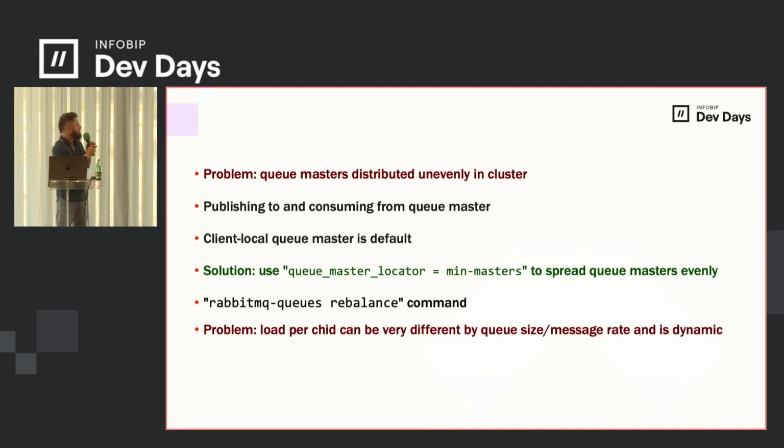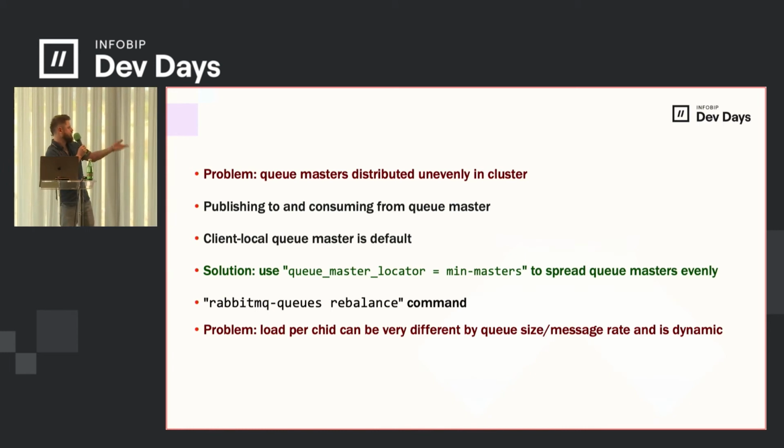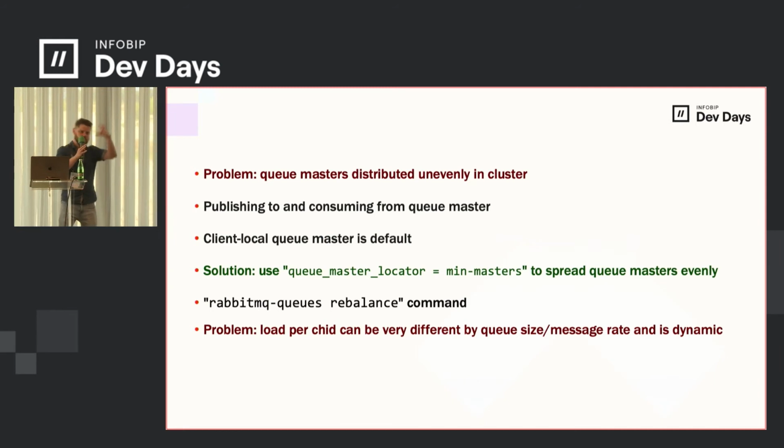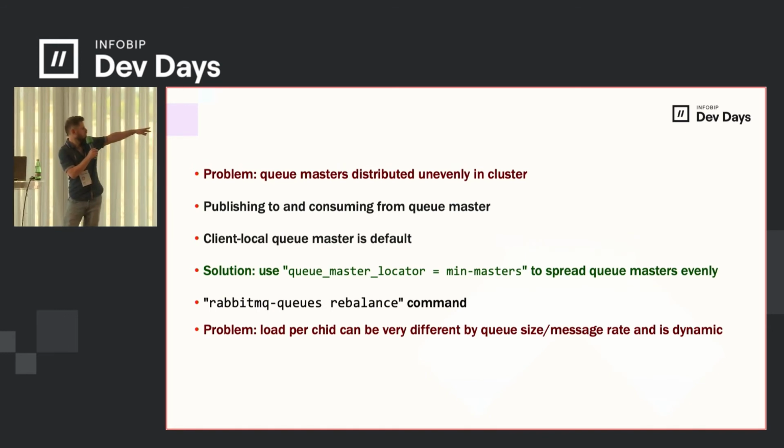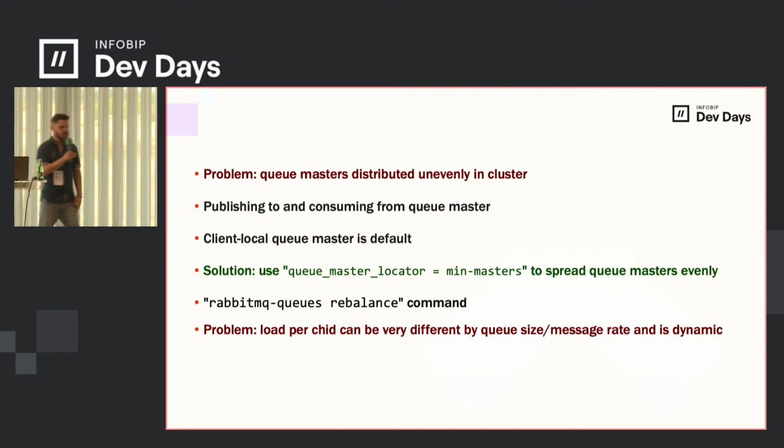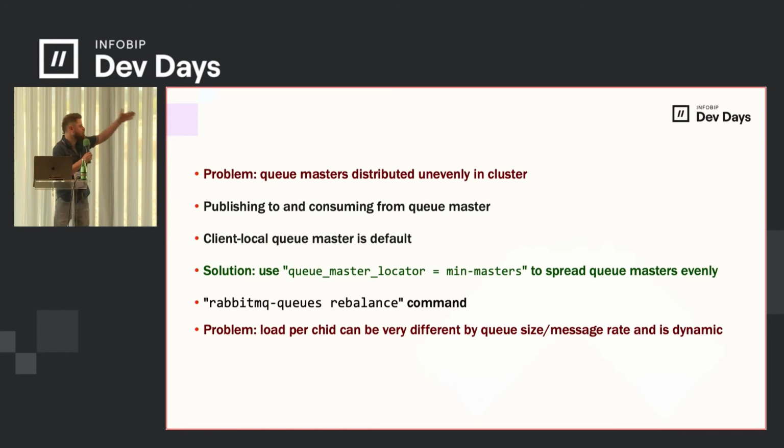Another problem, another strange default configuration. The queue master is created where the client connection is, but that could potentially create a very uneven distribution of queue masters. It's easy, just use the min-masters configuration and it's fine, and even the RabbitMQ devs say you need to spread them evenly.